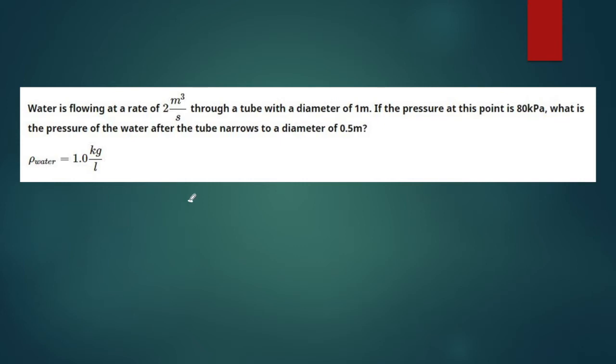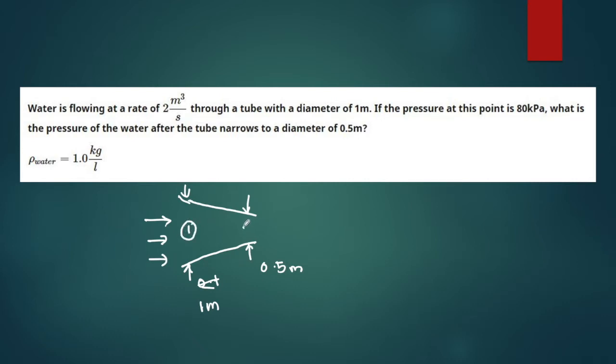So we can draw the decreasing diameter of the tube. Here the first tube diameter is 1 meter, whereas the second diameter is 0.5 meter. So the flow of water is from section 1 to section 2.